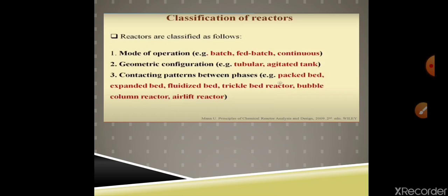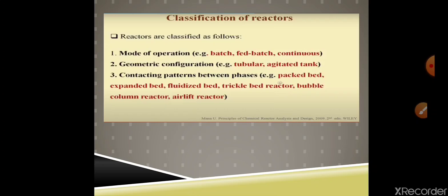Now if we classify on the basis of geometric configuration, for example we have the tubular reactor. It is just like tubes, through which the liquid passes from one end to the other, and there are agitated vessels, because we do stirring inside the vessels to maintain the homogeneity of the reaction mixture, so that the substrate can freely interact with each other and give the products.